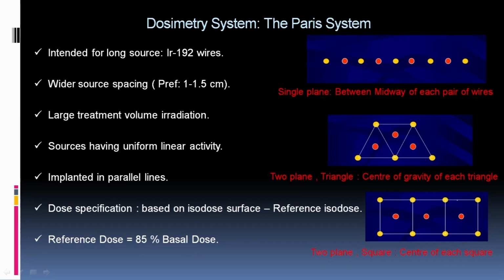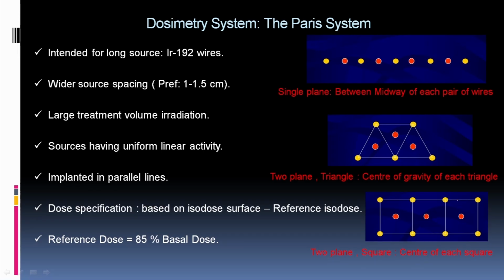So, iridium 192 wires are available for brachytherapy applications, and iridium 192 is a radioactive isotope which fits very well, with a gamma energy of 0.38 MeV, which is within the range of 0.2 to 0.4 MeV of ideal brachytherapy sources, and it has a half life of 74.8 days.